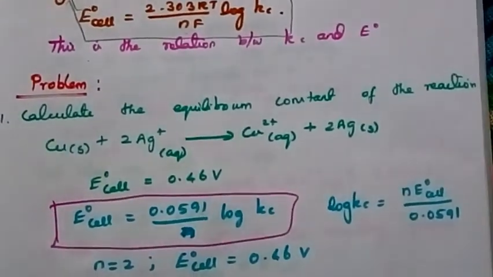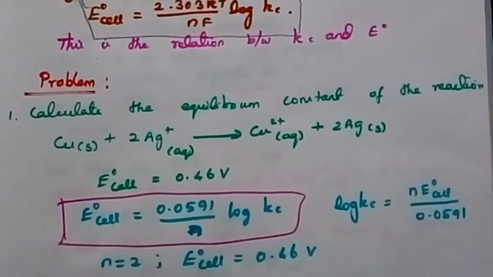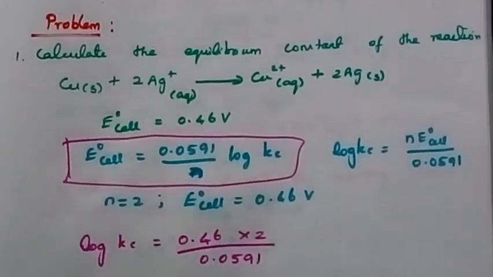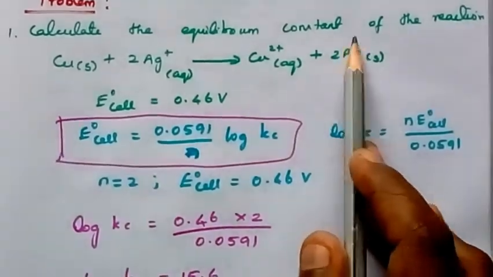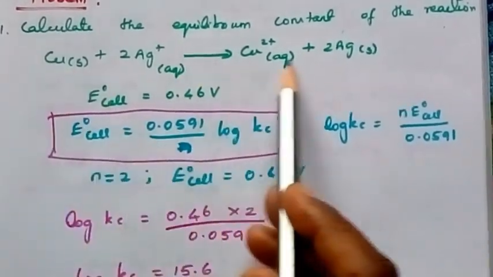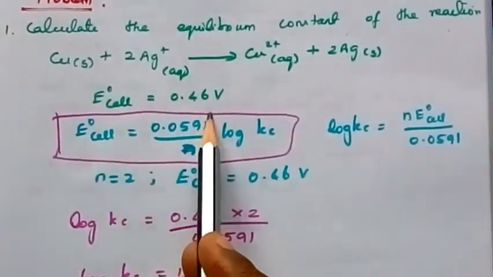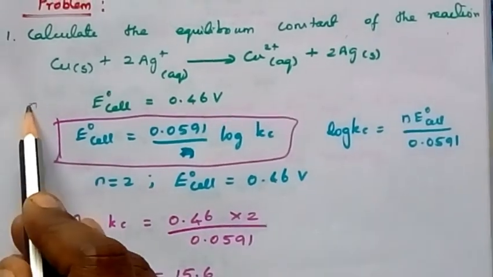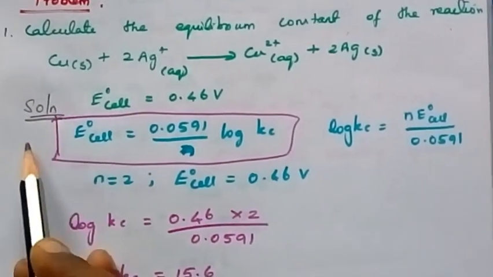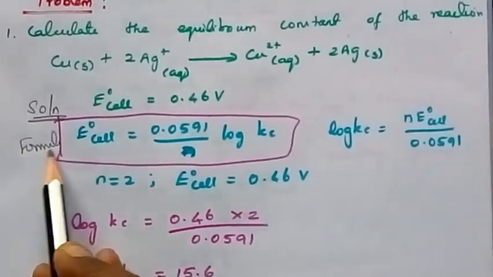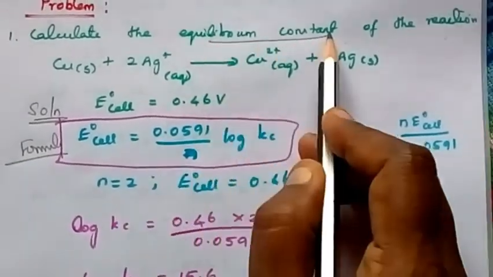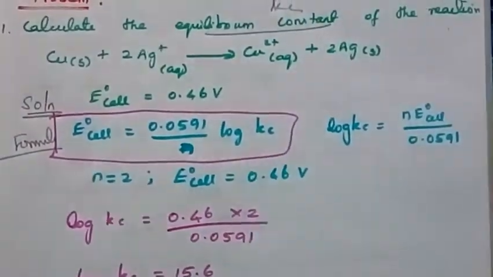By this formula, we are going to solve one problem: calculate the equilibrium constant of the reaction. This is the overall reaction, and the E naught value is given. Now this is the solution. For that we need a formula. What is given here? The E naught value; the equilibrium constant Kc is to be calculated.